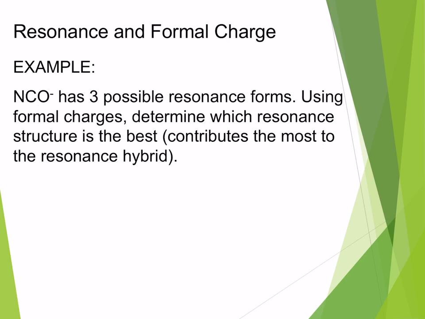Then in each one of those 3 resonance structures, calculate the formal charge on each of those atoms. You'll end up with 9 formal charges. Once you've done that, use those rules to figure out which resonance structure is the best.